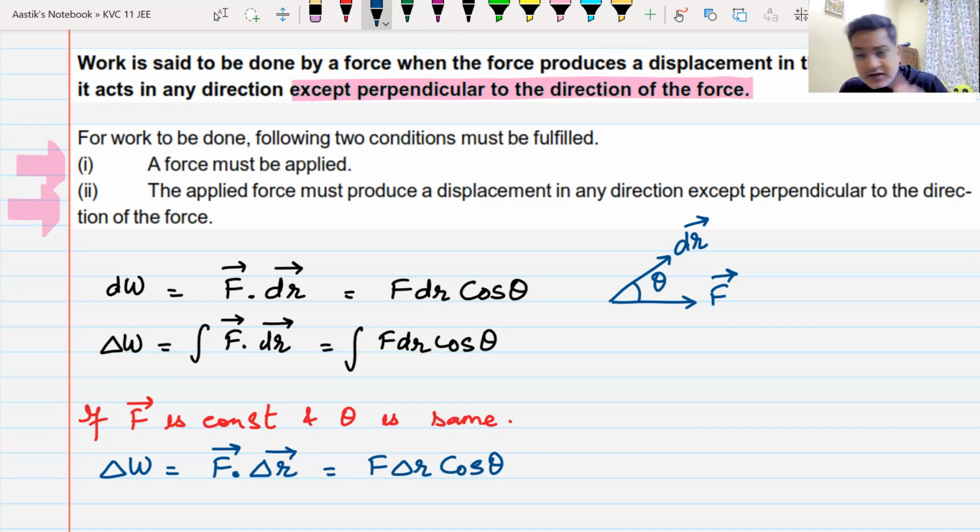We have already seen that, and that angle has to remain constant. If it's not constant, then this formula is not valid. Force into displacement magnitude wise multiplied by cos theta.